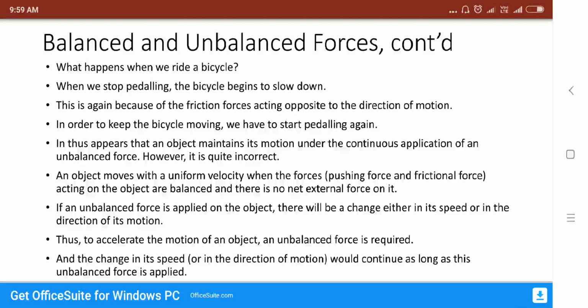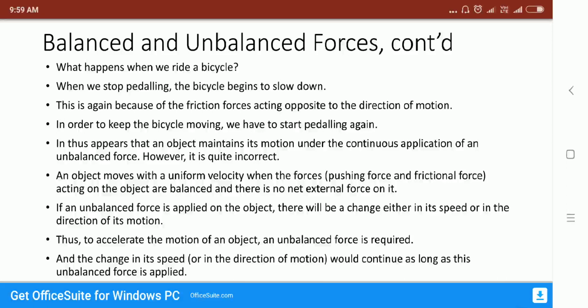Why does the bicycle stop moving further? Because after stopping the pedaling, frictional force is observed which will be greater compared to the pedaling force between the rough surface of the road and the tires of the bicycle.